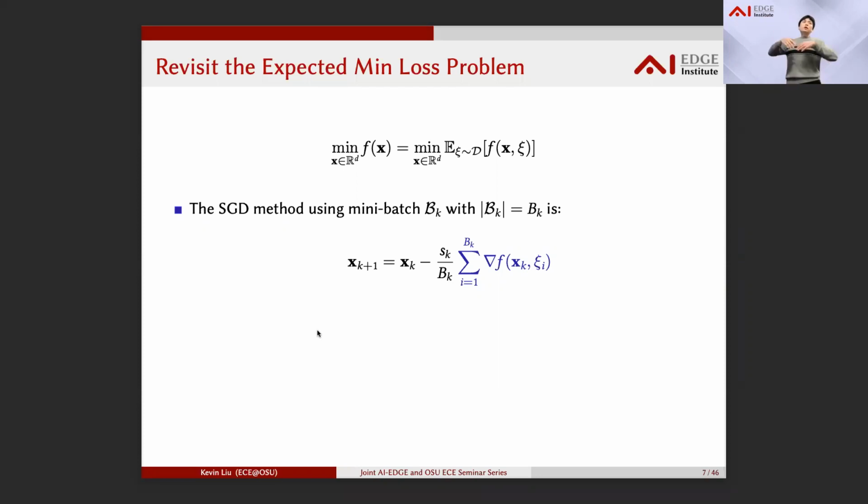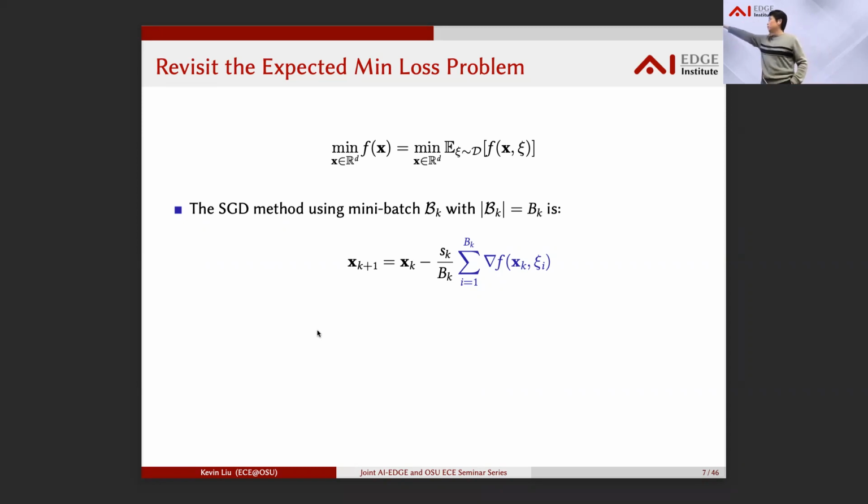Because of the high dimensionality of these problems, probably the only way to do it is to use some simple algorithm. If you're familiar with basic optimization, one of the most simple algorithms people use is called stochastic gradient descent, SGD. The algorithm itself is extremely simple, just one line.